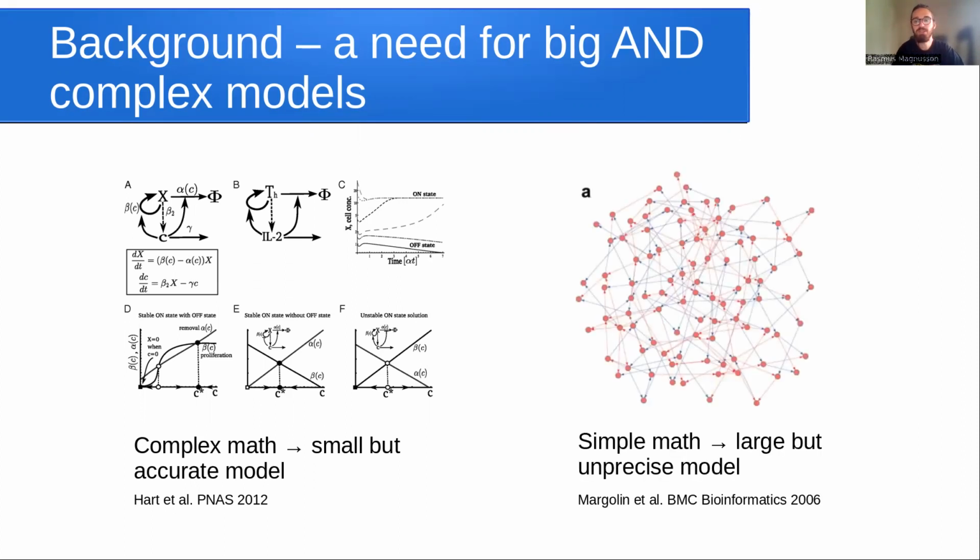On the other side of the spectrum are larger statistical models, where you move away from the mechanistic understanding of the system in order to explain a much larger biological system. And when you do that, you usually assume the system to be linear, or that is one of the more common ways of doing it, I would say. And you have very simple equations explaining data.